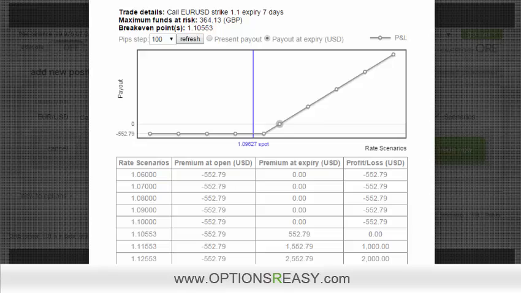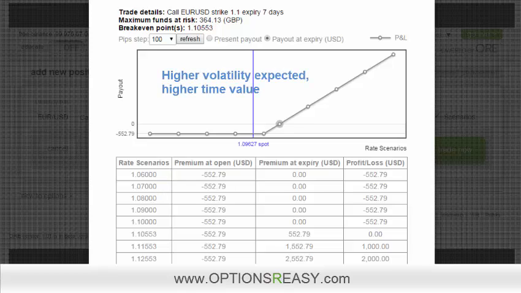Now, there are 2 important facts you need to know about time value. As the option gets closer and closer to its expiry, time value is declining. This means when you buy an option, the sooner the market moves in your favour and you can close at a profit, the better. And secondly, time value is also affected by market volatility.